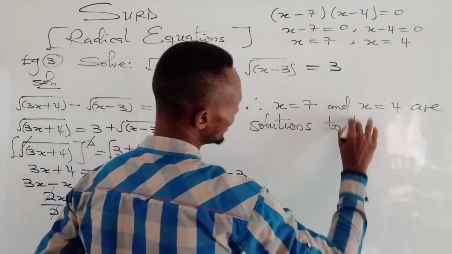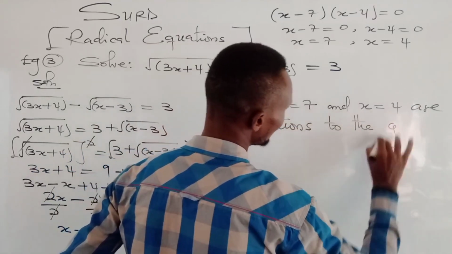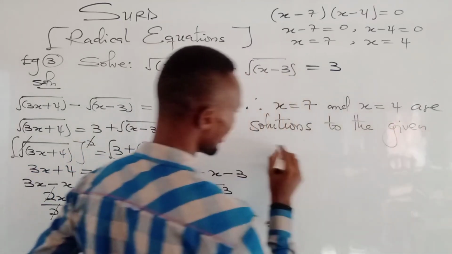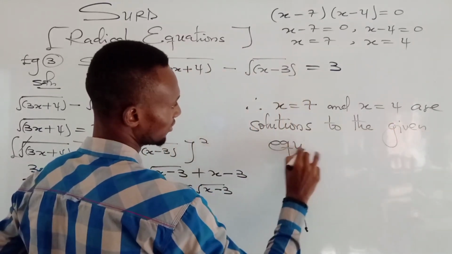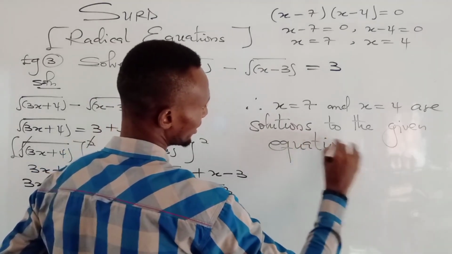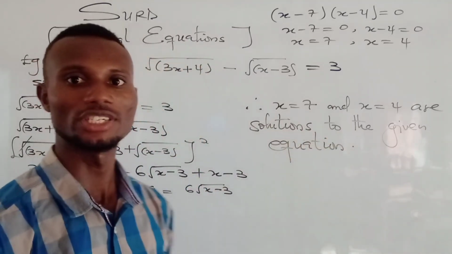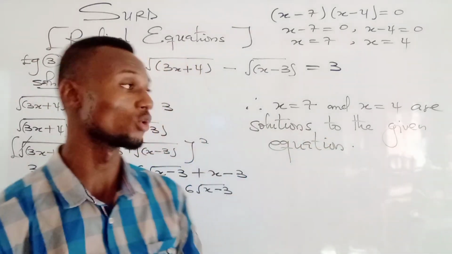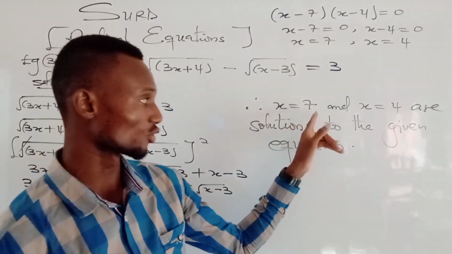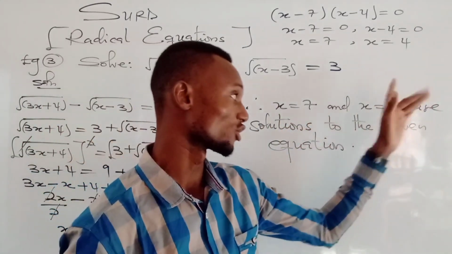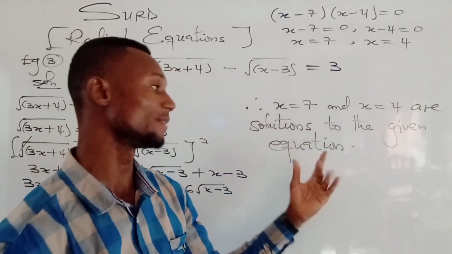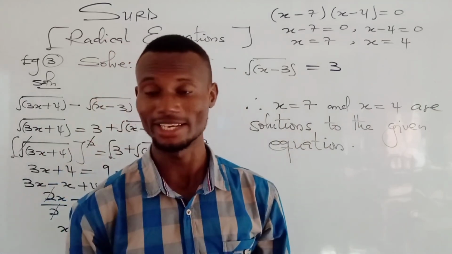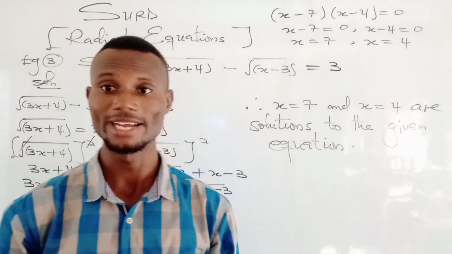This is the conclusion that you have to write down. So you say therefore s equals 7 and s equals 4 are solutions to the given equation, because when we tested, both values satisfy the equation.